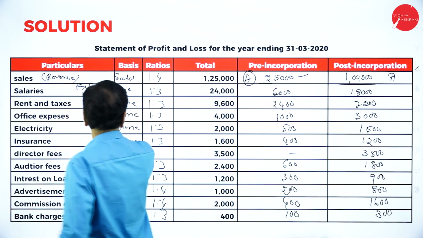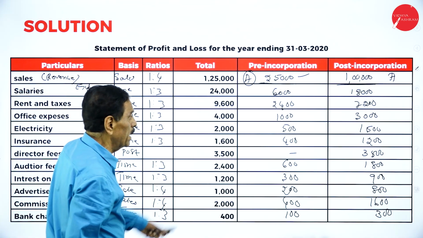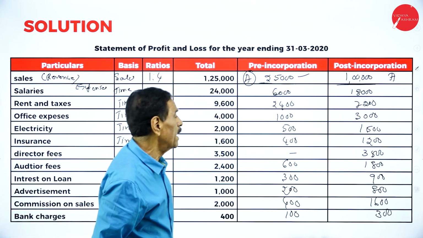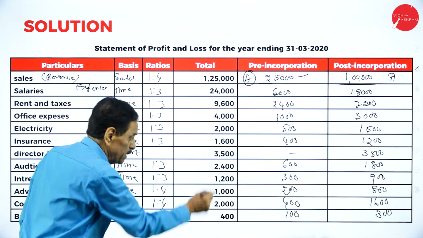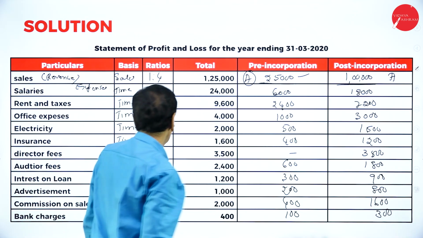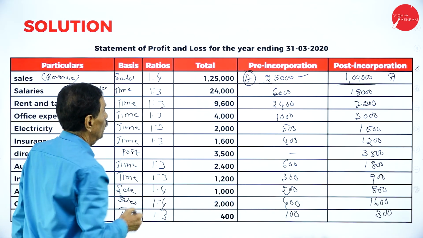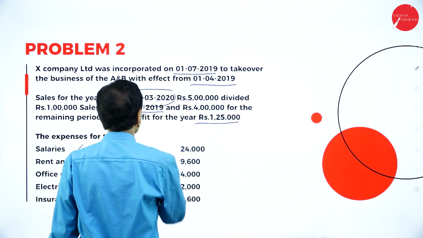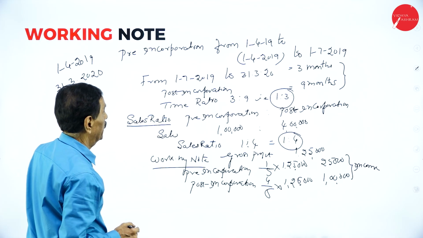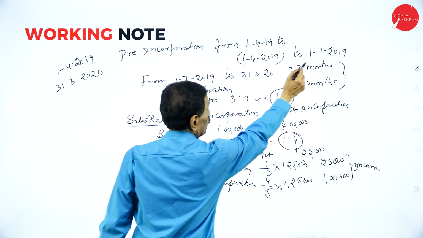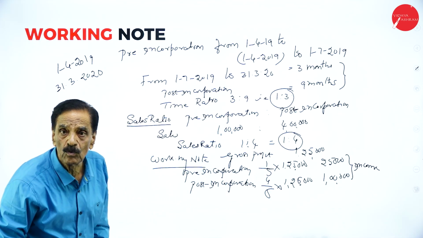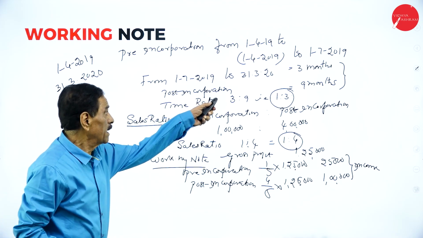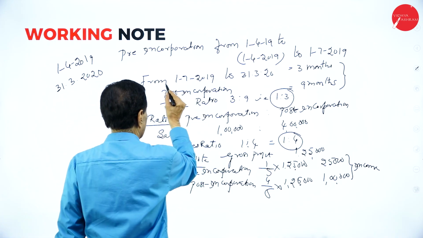Sales is revenue. Sales in ratio 1:4. I divided 1 lakh as revenue into 25,000 and the rest. Then all expenses have been divided in the ratio. Come back here. Incorporation period I have explained. From 1/4/2019 to 1/7/2019, that is the pre-incorporation period.